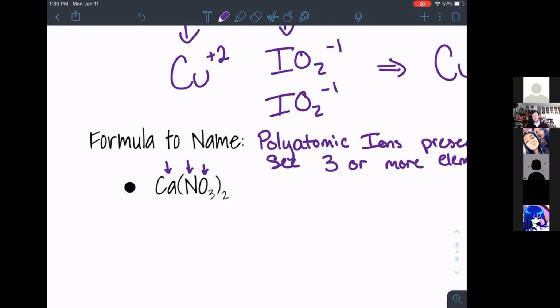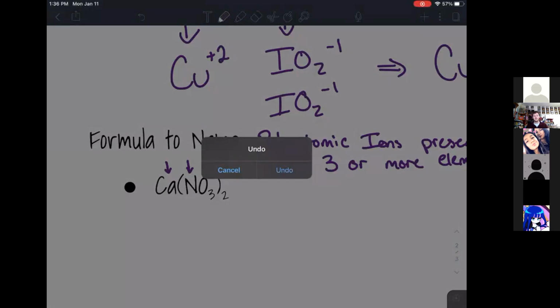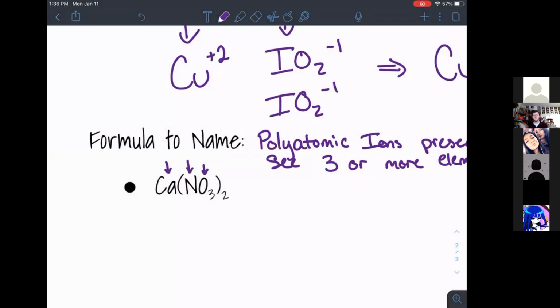Those parentheses actually make it quite simple to find our polyatomic ion, because if we have all of it in a parenthesis, that automatically tells us this right here is our polyatomic ion, which makes our life really simple. The first thing we need to figure out is Ca. What element is that? Calcium. And NO3, what polyatomic ion is that?